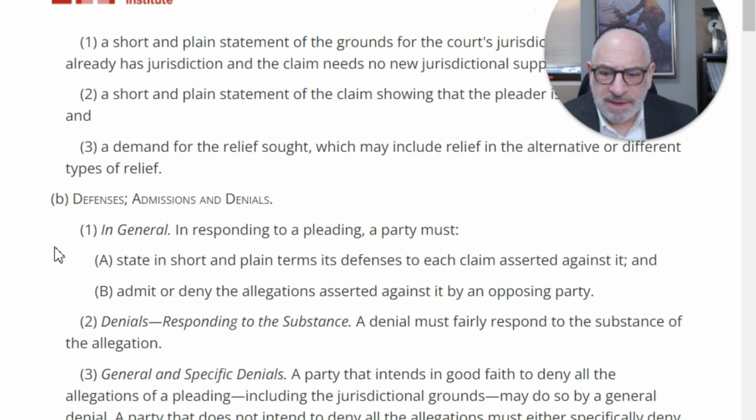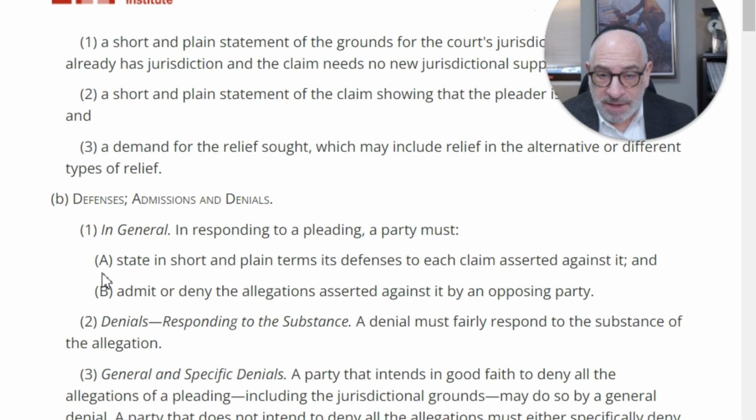That is a rule or a subpart of Rule 8 that you really hardly ever hear anyone referring to, because if you're admitting or denying, you're pretty much responding to the substance of the allegation. You can file, as it says in this next subsection 3, what's called a general denial.